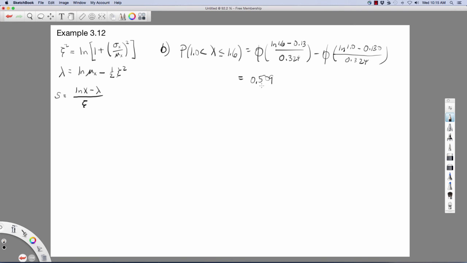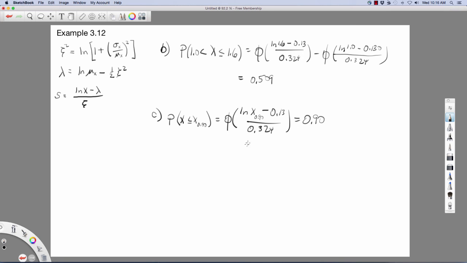And finally, the 90% value of drainage from the community with a log normal distribution. So part C, the 90%, so we want to know the probability that x is less than or equal to the 90th percentile. This was similar to before, except now with the log normal distribution, we have the CDF function of the natural log of this value, whatever it is we're trying to find, minus 0.13 divided by 0.324, and this has to be equal to our 90%.